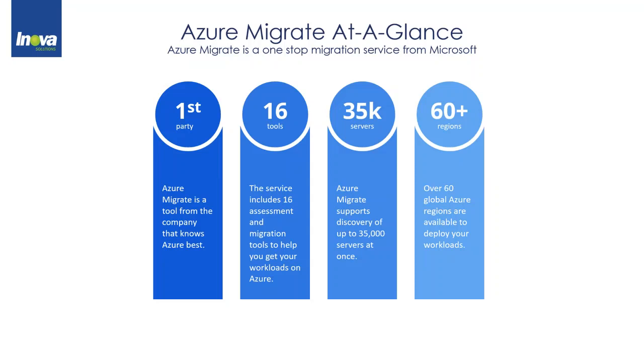And it supports migrations of Windows and Linux servers, SQL and non-SQL databases, web apps, VDI infrastructure, data, you name it. If it's a service on Azure, there's probably a tool in Azure Migrate, one of those 16 tools, that'll help you get that workload up to the cloud. The assessment tools support discovery of up to 35,000 servers at once, and you have over 60 global regions to choose to deploy your workloads to.